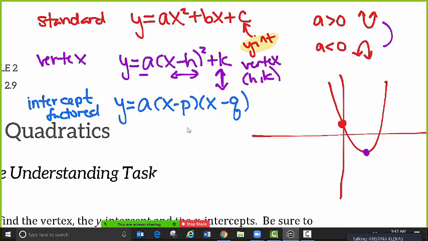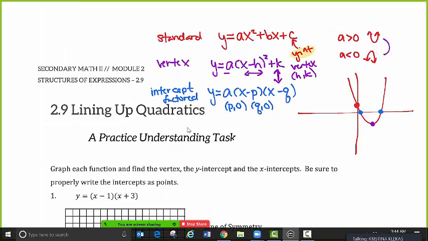Okay, and what we found out was that the p, 0 and q, 0 are the x-intercepts, where it crosses the x-axis. Okay, and so that's the one we're going to practice today. I did show you that in the review last time, and I've showed you that a couple of other times, but we're going to really practice that today. So any questions before I move on?